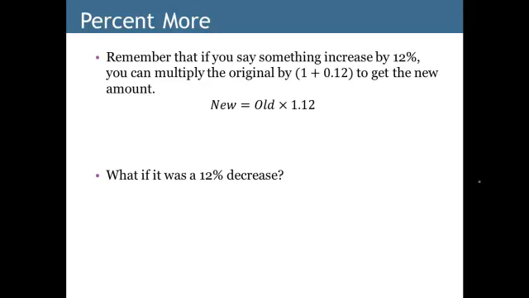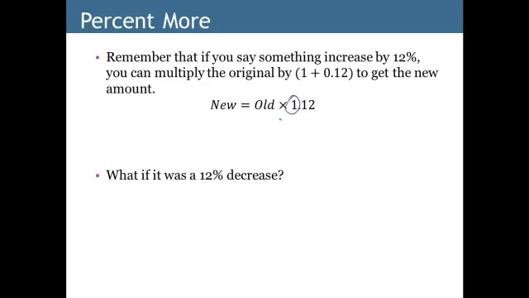So let's remind ourselves a little bit about multiplication and percents. Remember, if you say something increases by 12%, you can multiply the original amount by 1 plus 0.12, and that would get you the new amount. If you just multiplied by 0.12, that would get you the amount you add, and then you'd have to add it back to the original. So this 1 here accounts for adding back the original.